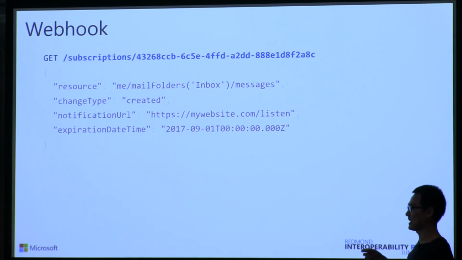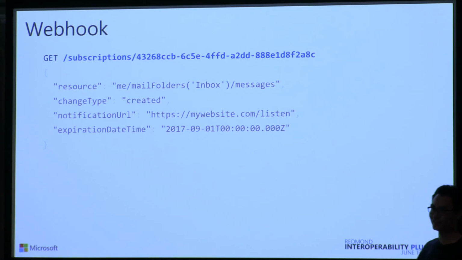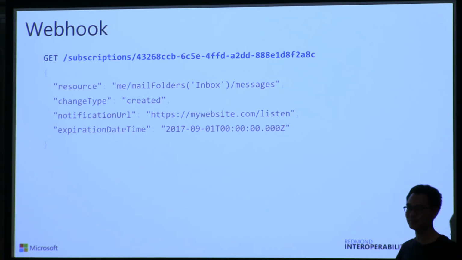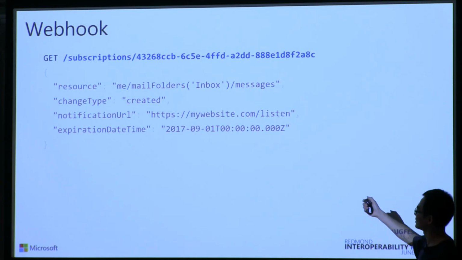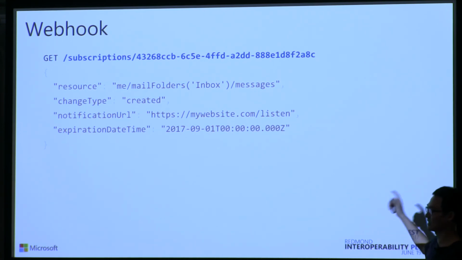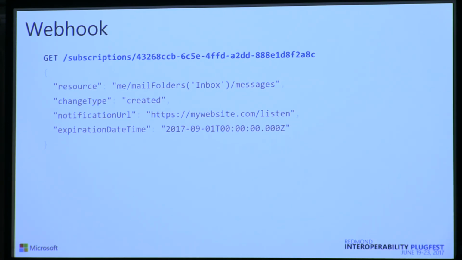The change type is every time you get a new email, meaning created. For a file, you can have not only created but maybe updated, when the file is updated. And the expiration date time is when this subscription will expire, so you may want to extend it if you need.